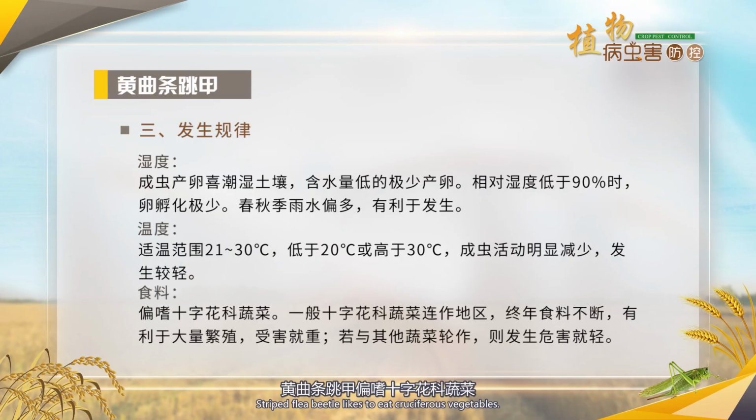Striped flea beetle likes to eat cruciferous vegetables. Generally, in the continuous cropping area of cruciferous vegetables, the food is continuous throughout the year, which is conducive to mass reproduction and causes serious harm. If the crops are rotated with other vegetables, the harm will be relatively gentle.